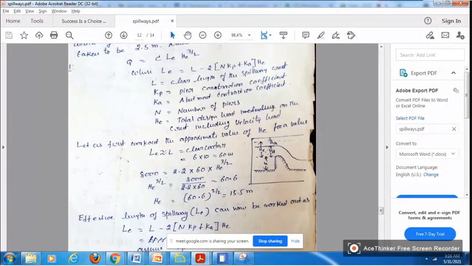Now, that is an approximation. Actually, the effective length is less than the clear length.